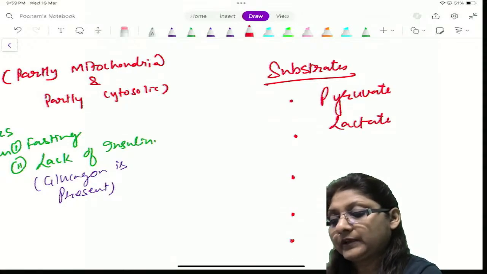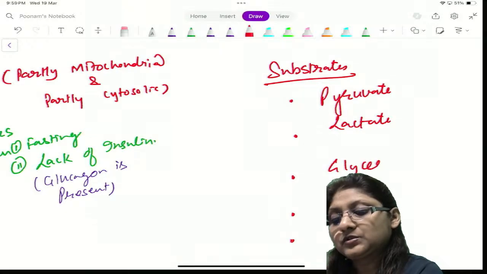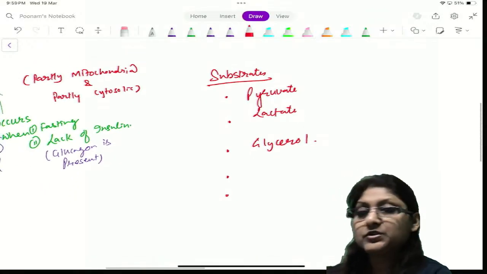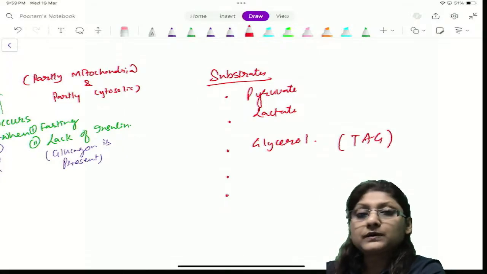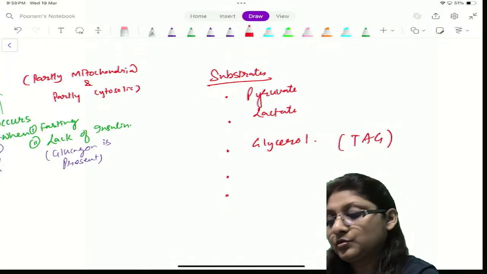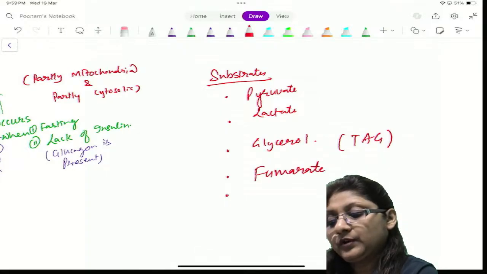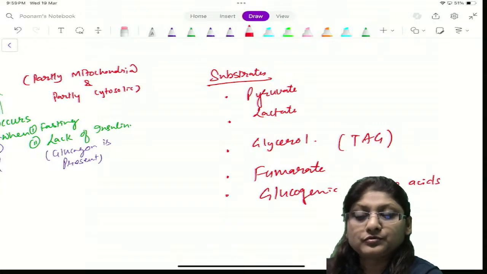Then we talk about lactate. Then we see glycerol, which is an alcohol we consume in the diet in the form of triacylglycerol, and is also capable of making you glucose. Then you have fumarate. Then you have glucogenic amino acids. All are capable of producing glucose.